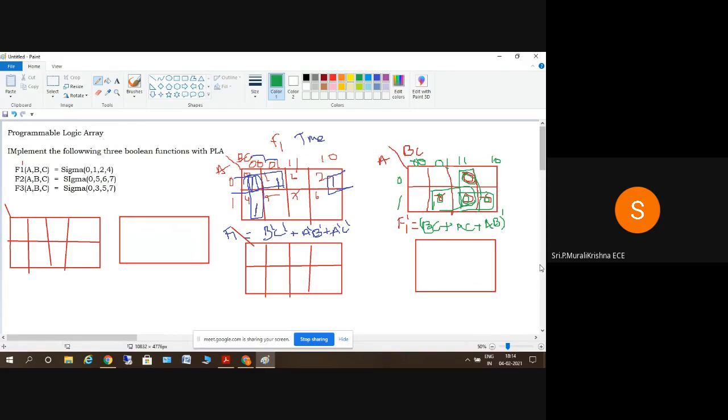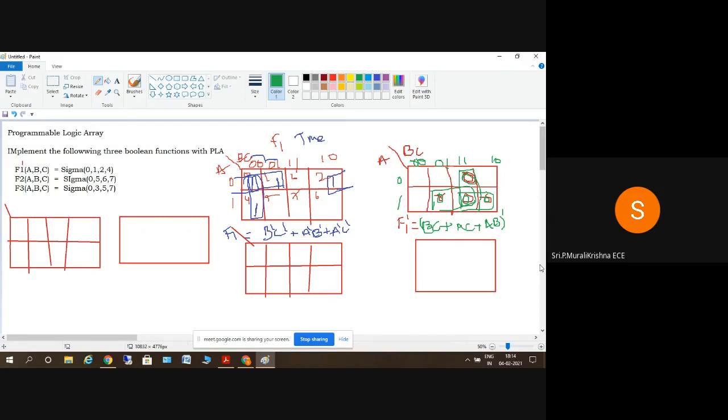Whenever you are selecting a circuit, you have to check whether it has fewer product terms. So I have to compare F1 with F2 and F3, taking true forms and complement forms.